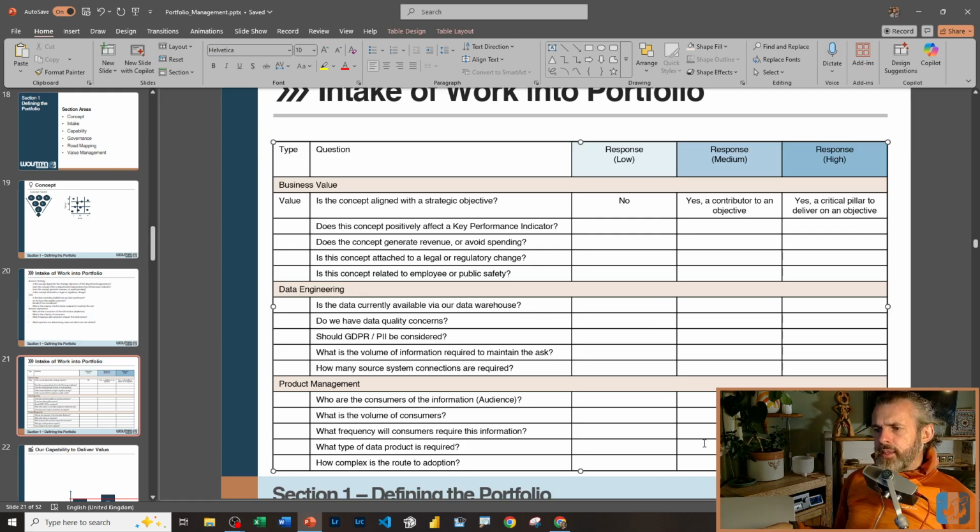And then I think there should be a time question in here as well. Where does the time question go? Does it come into business value? I think it comes into business value. Maybe business value is the wrong title, actually.